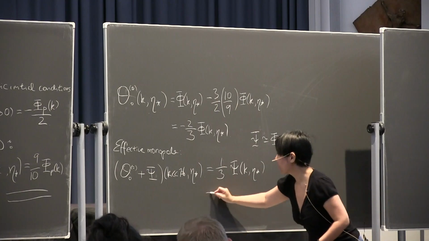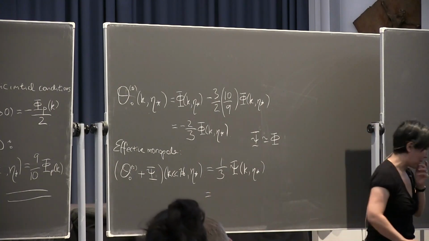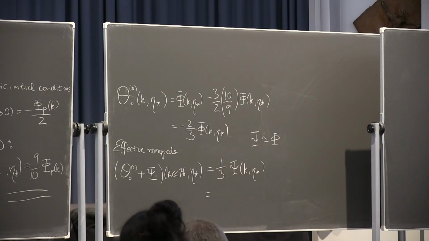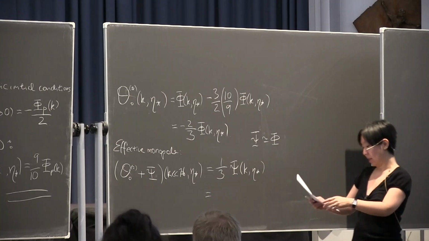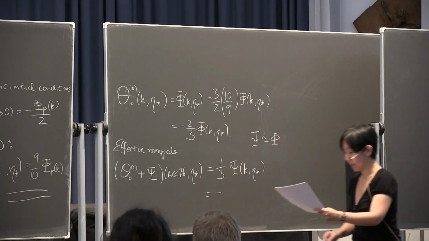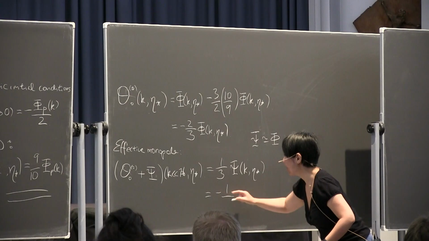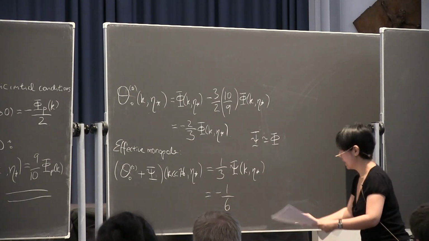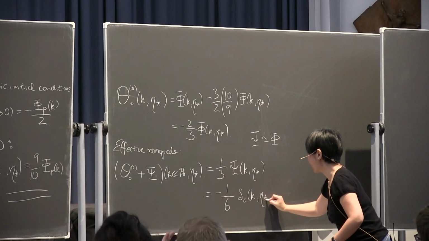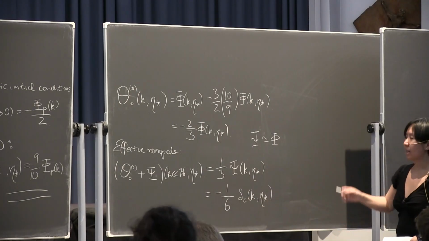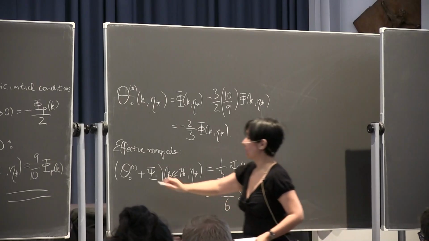And if you then use one of the Einstein equations to relate the Newtonian potential back to the density perturbations in the dark matter that we should have at that same time, what I'll find is that I will get minus 6 and then delta C, where delta C is the energy density perturbation in the cold dark matter.